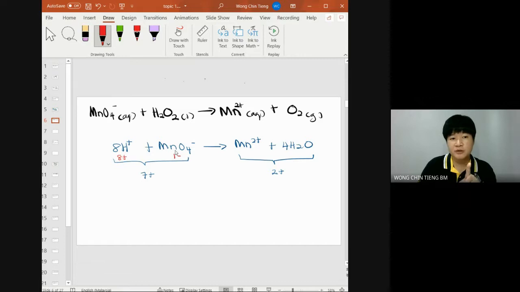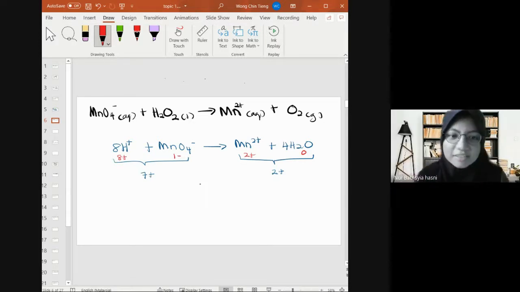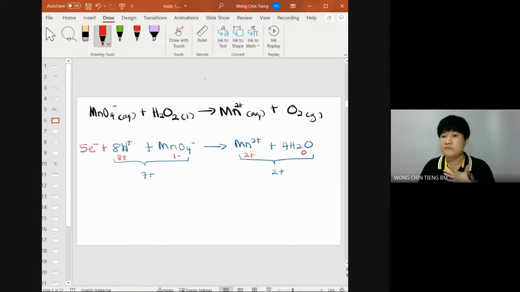You have 1 minus because of MnO4 minus. So, the charge over here adalah 7 plus. Over here, you have 2 plus, you have 0. So, the charge over here adalah 2 plus. Okay? And Batrisha, how many electron you're adding in for this case? Tambah 5 elektron dekat sebelah kiri. 5 electron on the left. Betul? Perfect. Semua mengangguk? Alright.